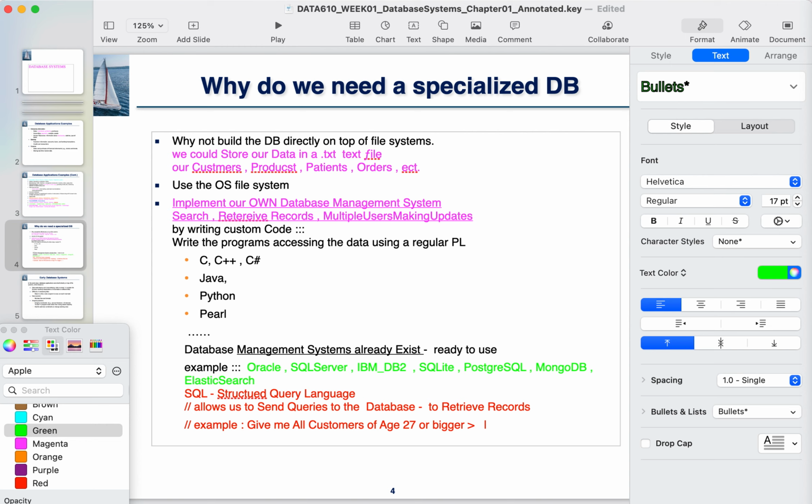If data is very big and it cannot be stored onto one machine, this database management system might be able to break the data into pieces and store each one on a separate machine to be able to maintain the size of the data. So all of that is handled by the database management system internal logic or code.